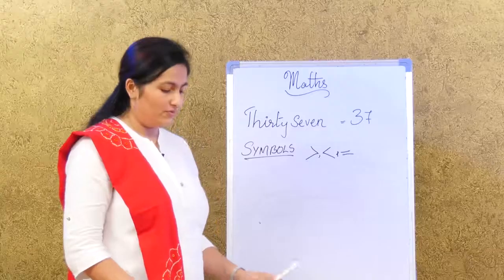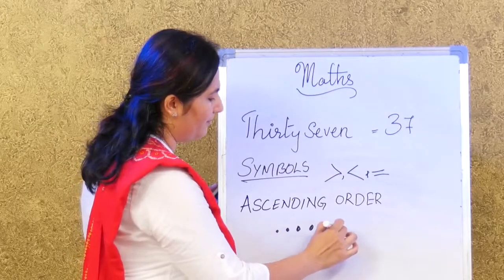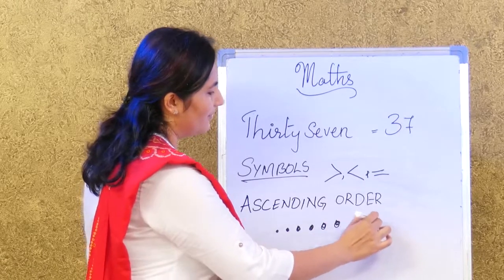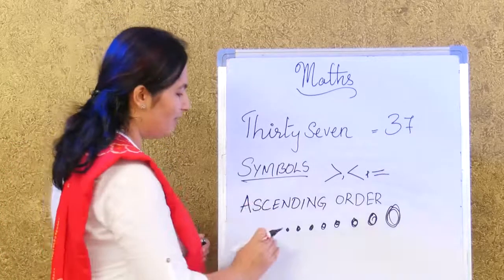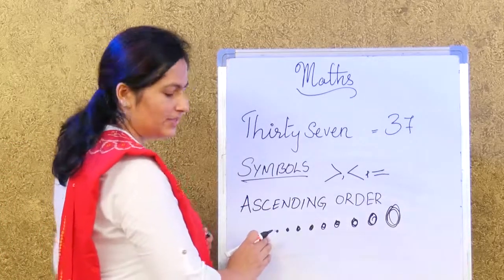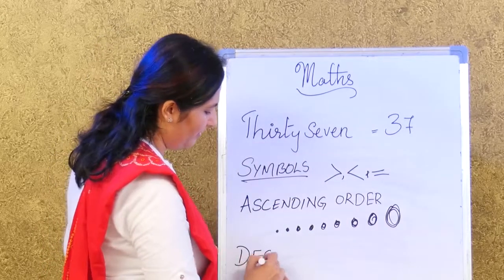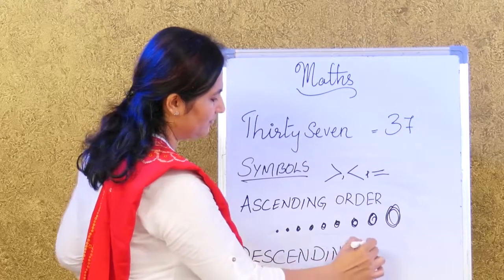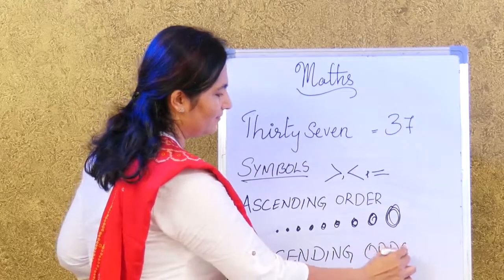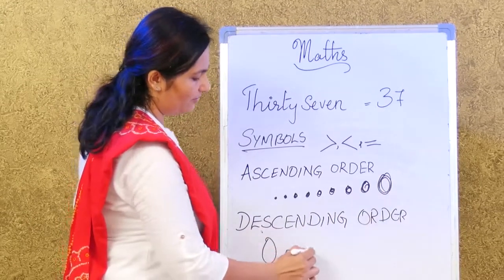Now, moving on to ascending order. Small, big, big, big. Just an easy way for you to remember. Ascending order is from the small one to the big one, and then descending order, we will take the big one first, then small, small, small.